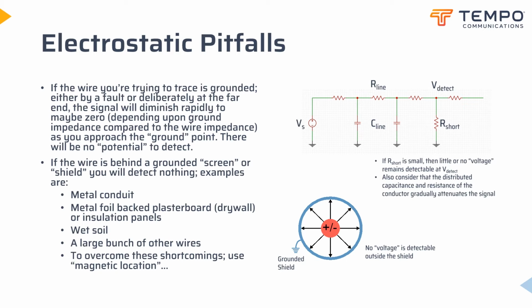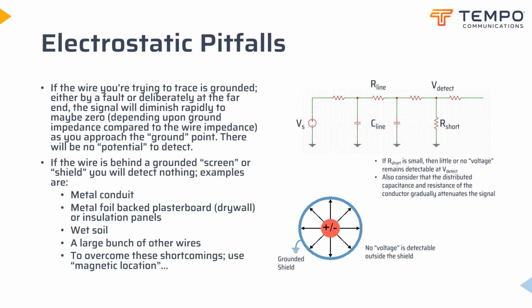Electrostatic detection works best for disconnected wires and cables. If the wire is terminated to some circuit or shorted to ground at some point, the potential detectable may be reduced. If the termination or short is low impedance, that remaining potential could be close to zero.